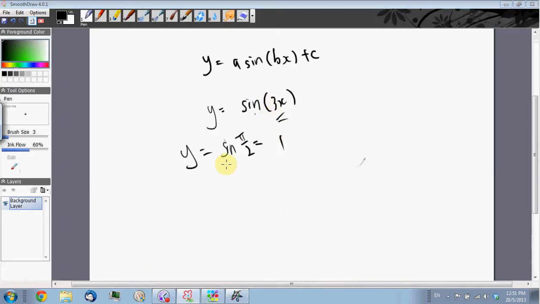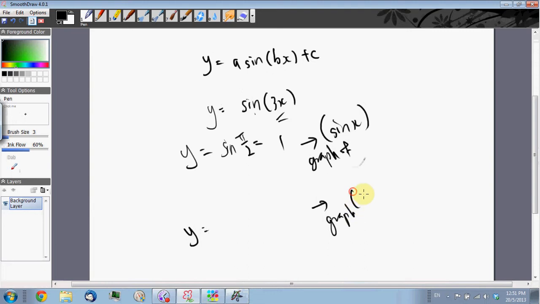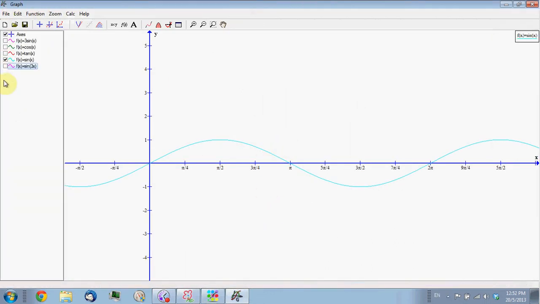This is the graph of sine x. Now when we have the graph of sine 2x, to get the same value of y, I'm going to make y equals sine 2x appear here.